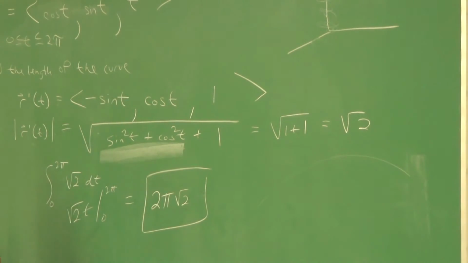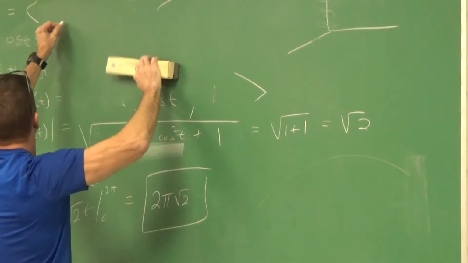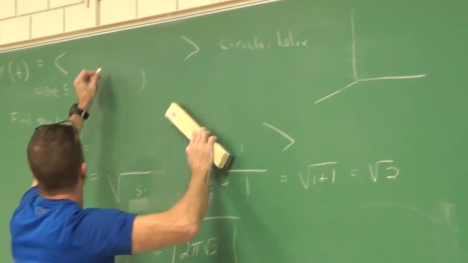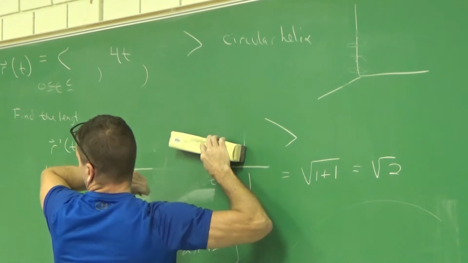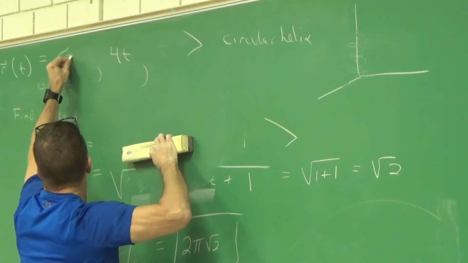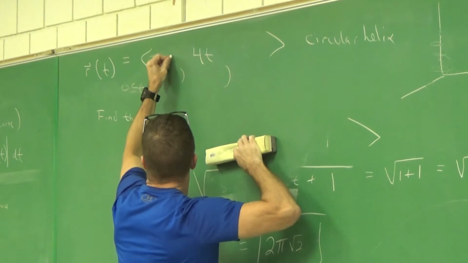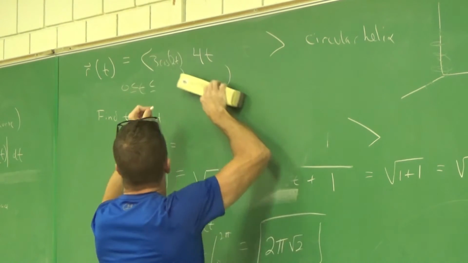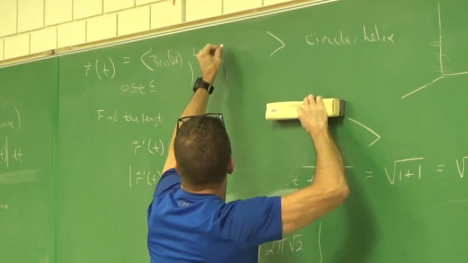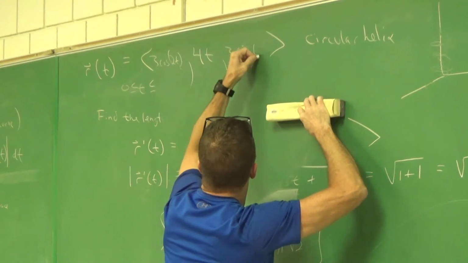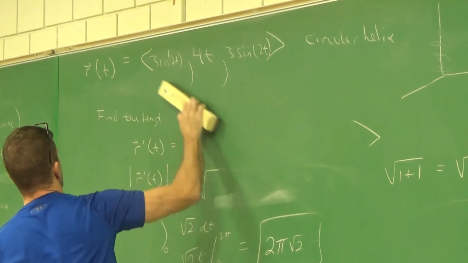Now let's do another one, but this time I want to do a circular helix again. Let's have it go down the y-axis: 3 cosine of 2t, 4t, 3 sine 2t.